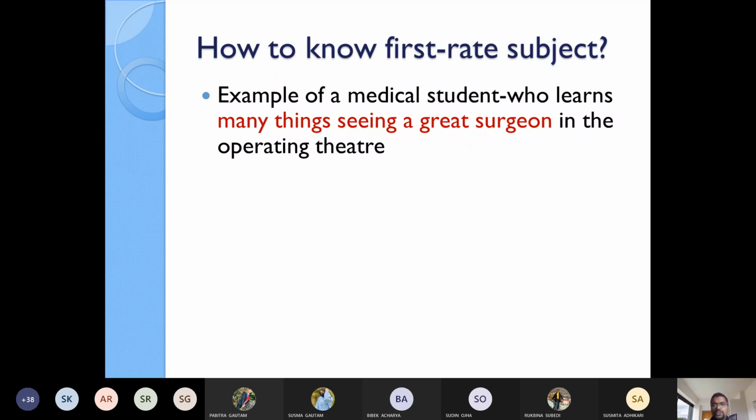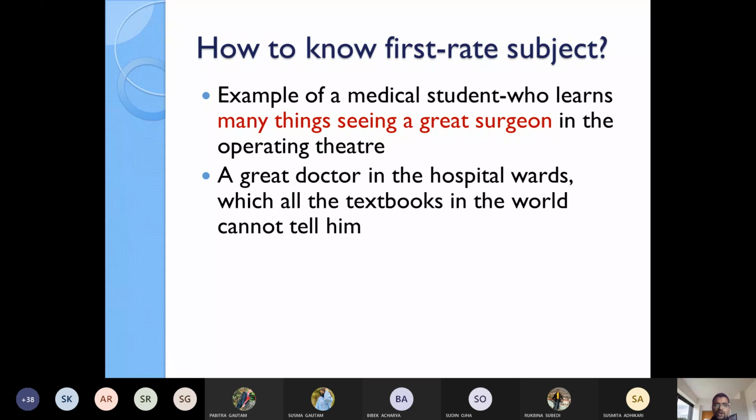When he goes to the operation room and sees the person doing the operation, then the medical student learns. Then in the books, he or she learns from a great doctor in the hospital wards, which all the textbooks in the world cannot tell him.